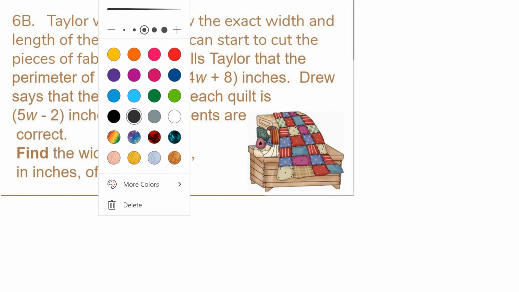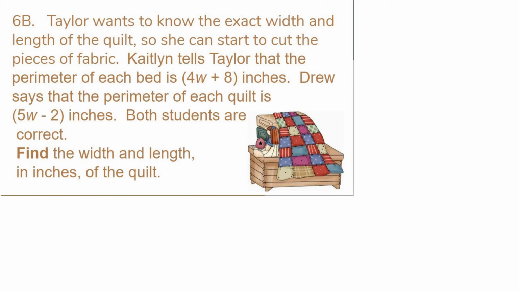Okay, so part B says Taylor wants to know the exact width and length of the quilt so she can start to cut the pieces of fabric. Caitlin tells Taylor that the perimeter of each quilt is 4W plus 8 inches. Drew says that the perimeter of each quilt is 5W minus 2 inches. Both are correct. Find the width and the length in inches.